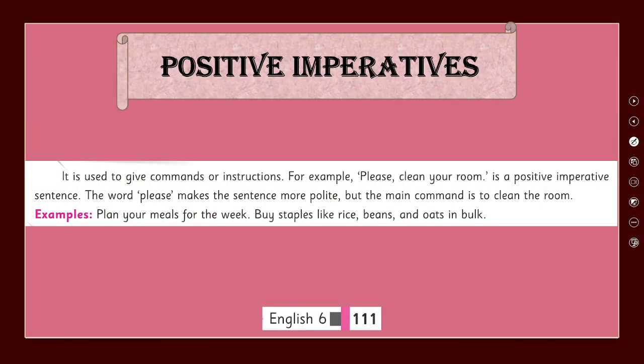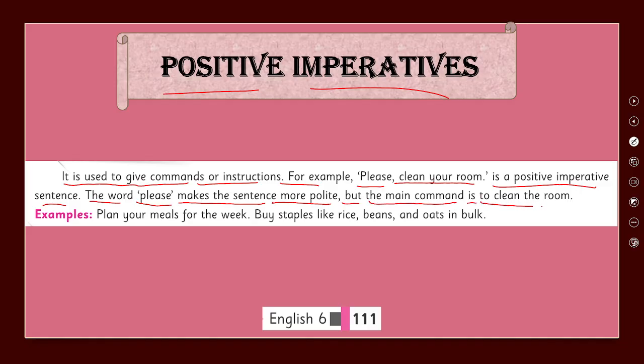First, positive imperatives. It is used to give commands or instructions. For example, please clean your room is a positive imperative sentence. The word please makes the sentence more polite, but the main command is to clean the room. Another example is, plan your meals for the week.